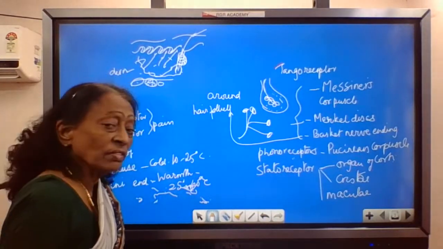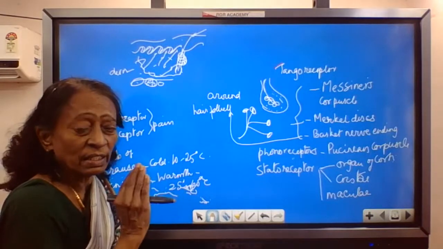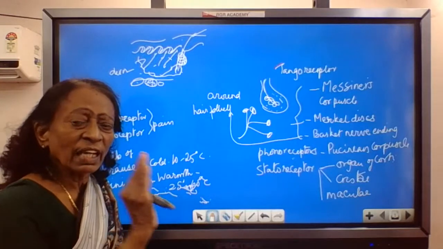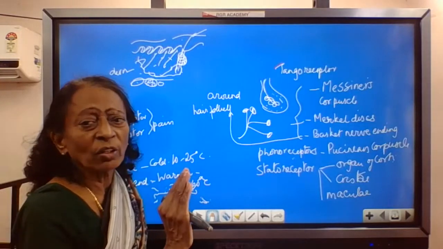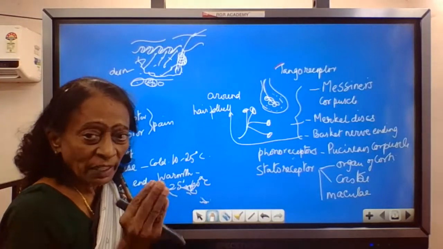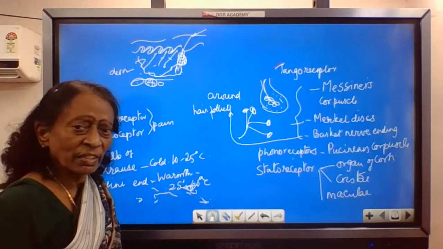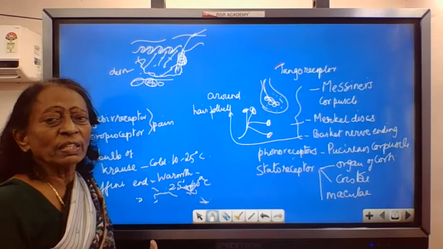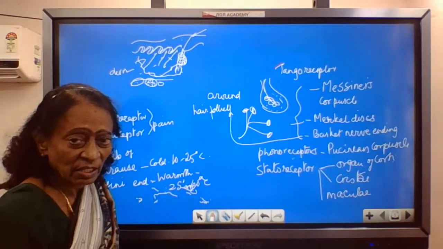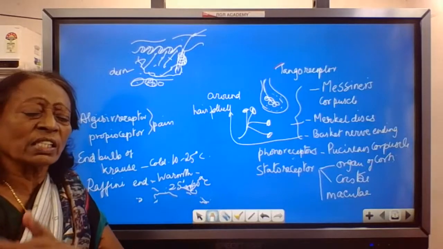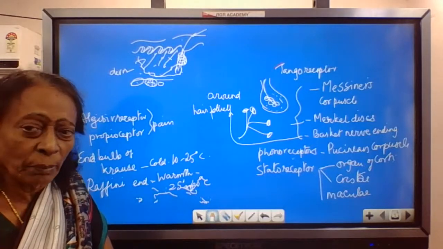So these receptors are nothing but nerve endings. A nerve ending is called an axon. The end of the axons will get a particular structure, and that particular structure has been given a name. These nerve endings will help you to receive different sensations. Your skin is the outermost part. So what are the stimuli which can attack your skin? Pain, pressure, temperature.